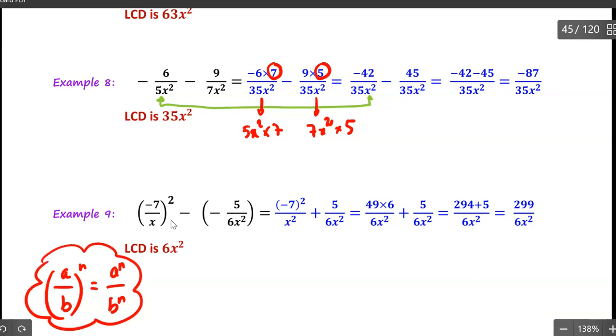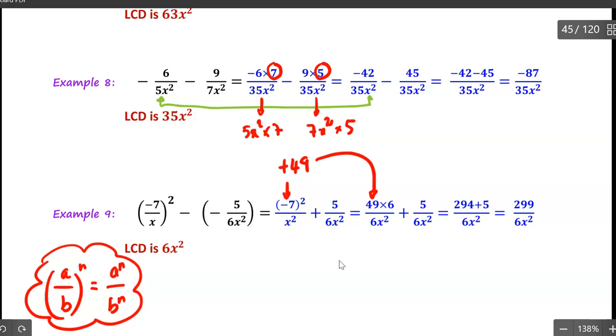So if I have negative 7 over x squared, you see I write that as negative 7 squared, and x raised to exponent 2 is x squared. So I have negative 7 squared turn into a positive 49, which I write here for everyone.